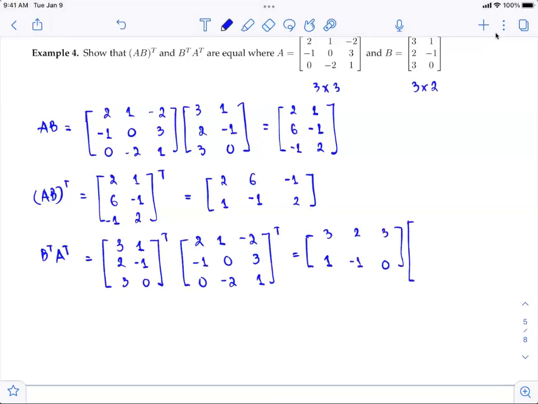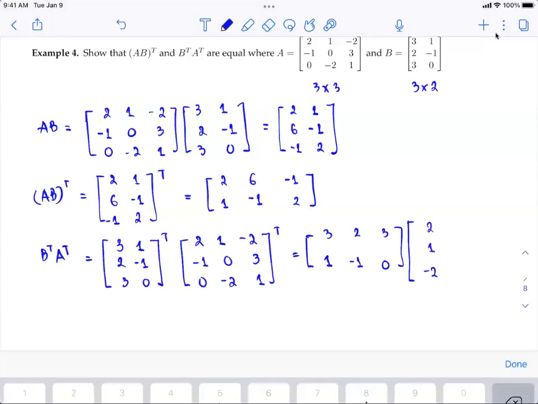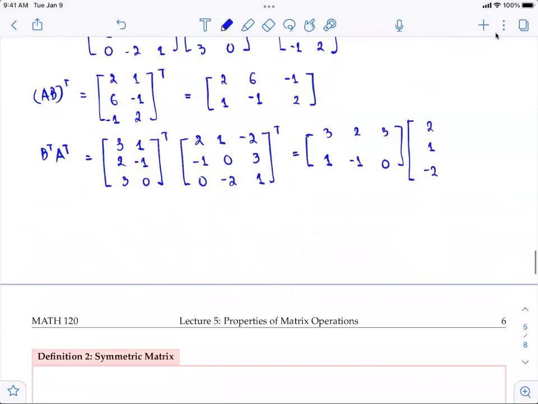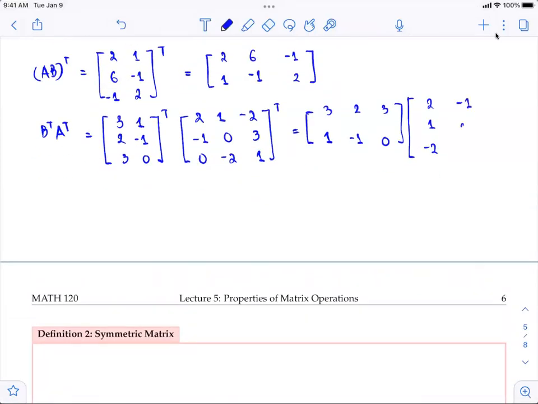And we're going to multiply with 2, 1, negative 2, negative 1, 0, 3, and 0, negative 2, 1. And so you're going to perform matrix multiplication for these two matrices. And we're going to get the resultant matrix of the form 2, 6, negative 1, 1, negative 1, 2.